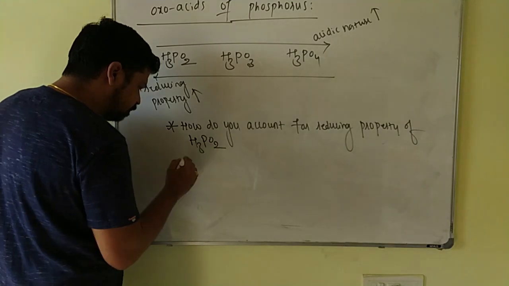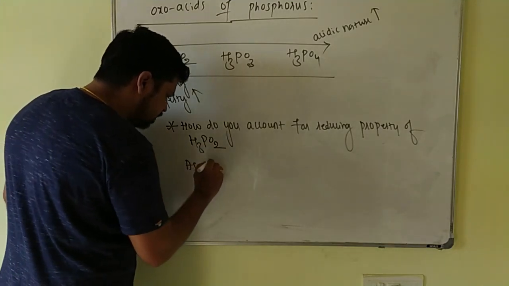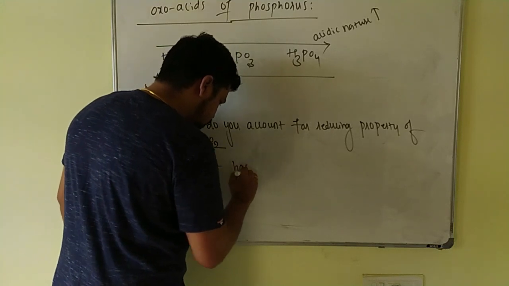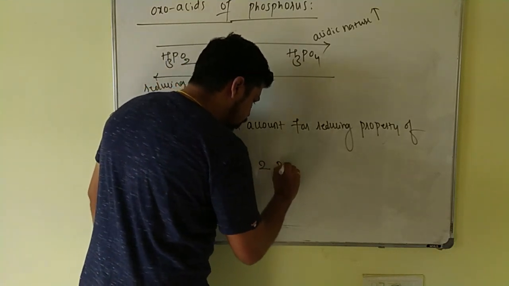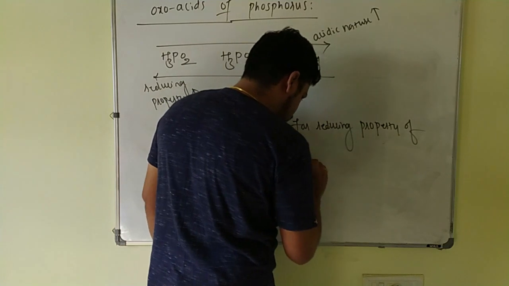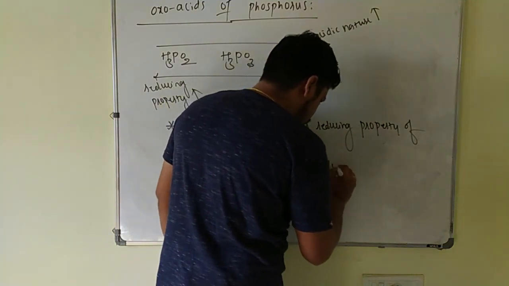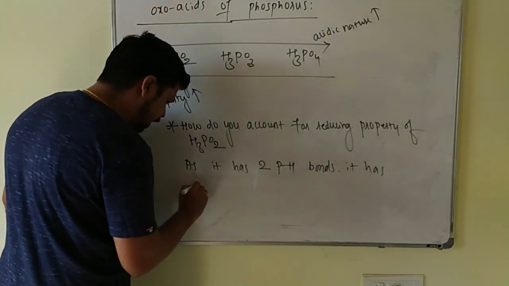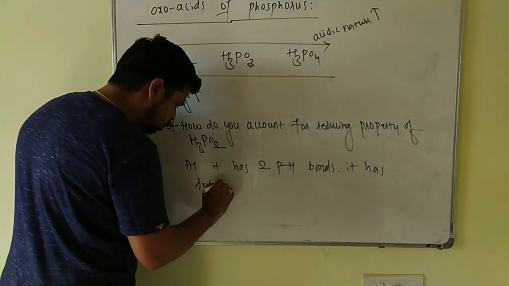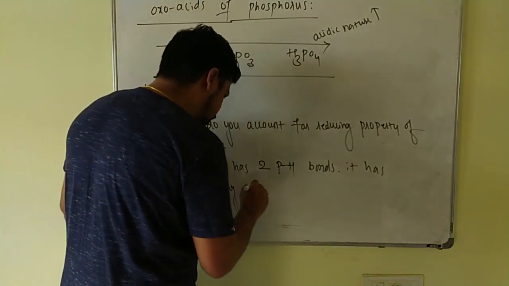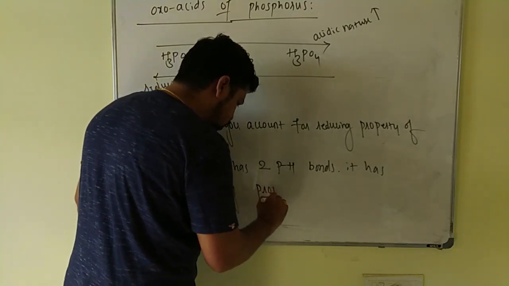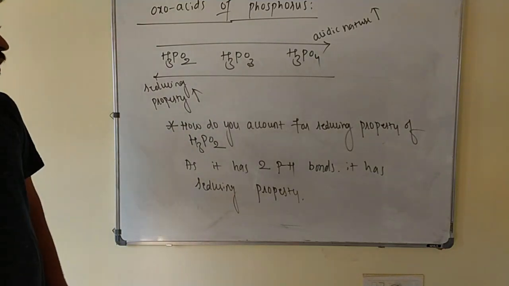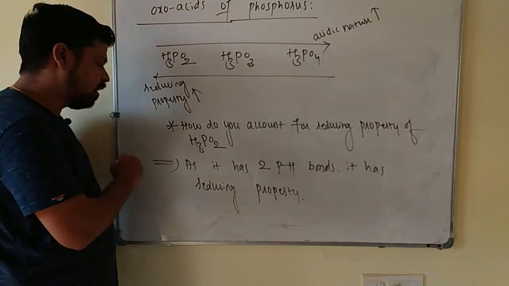The answer is, as it has 2 P-H bonds, it has reducing property, because the reducing property depends on the number of P-H bonds here. So this will be your answer.